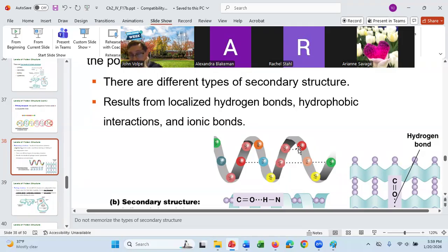And I guess it has to be a hydrogen bond because that's what a dotted line stands for. But there can be other forces of attraction. For example, if this amino acid has a positive charge and that one a negative charge, these two amino acids will be attracted to each other. A positive and a negative complete charge makes an ionic attraction between these two amino acids.